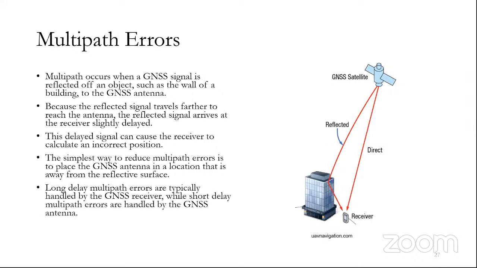On the other hand, there are sometimes where you can't move the receiver and it can't be helped. And therefore, typically the design of GNSS receivers as well as the GNSS antennas are done in a way that tries to minimize these multipath errors.